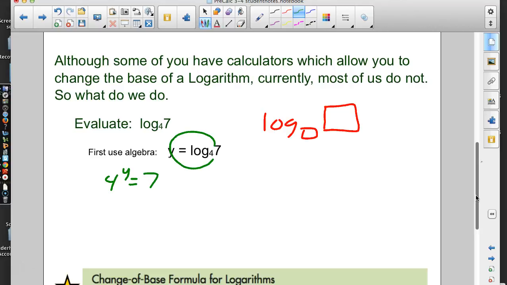So we could sit here for quite some time and try things with the graphing calculator to make that work, but we're just wasting time because we have the change of base formula. And the change of base formula says take the logarithm of the number you're trying to evaluate and divide it by the logarithm of the base. And in fact, it doesn't matter if you use common logarithm or if you use natural logarithm.